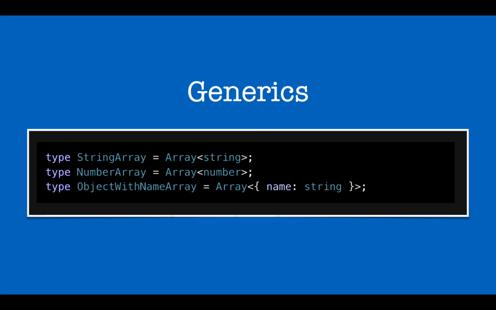So an array of strings, like an array of numbers, is defined with a generic like that. So type string array strictly enforces that all the elements of the array are strings. Otherwise, it fails the type check. If there's a Boolean in there or a number in there, then it's not a string array. So that's a generic syntax.